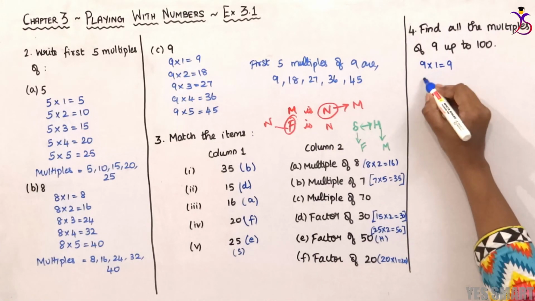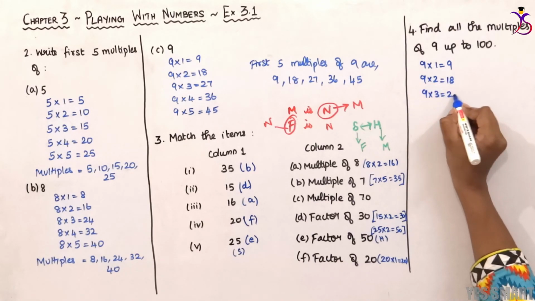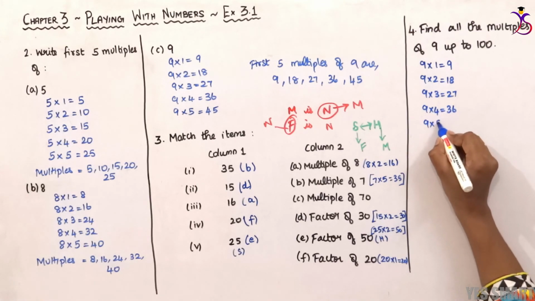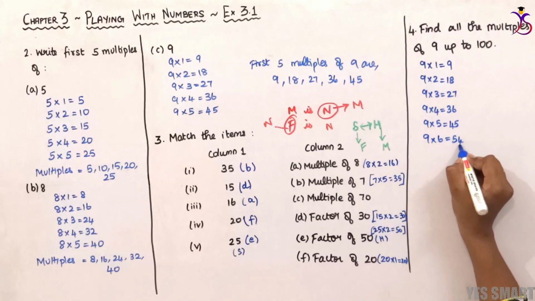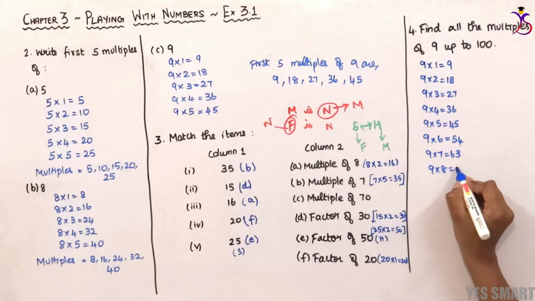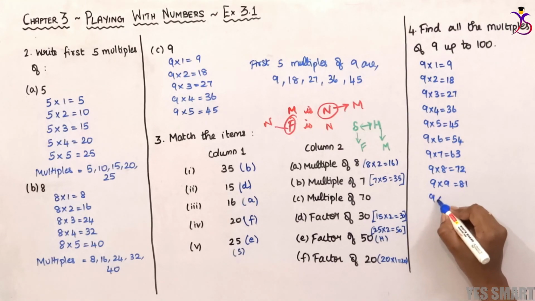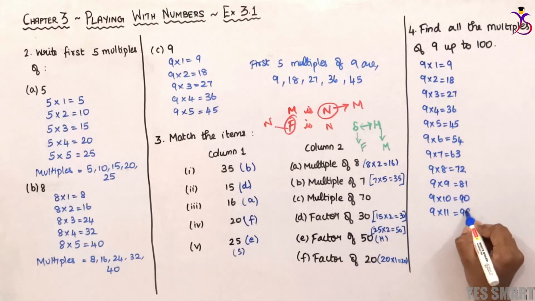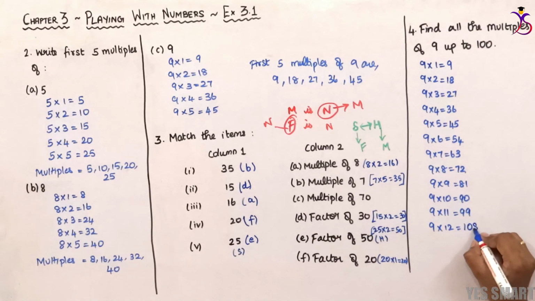9 ones are 9, 9 twos are 18, 9 threes are 27, 9 fours are 36, 9 fives are 45, 9 sixes are 54, 9 sevens are 63, 9 eights are 72, 9 nines are 81, 9 tens are 90, 9 elevens are 99, 9 twelves are 108, which is greater than 100.